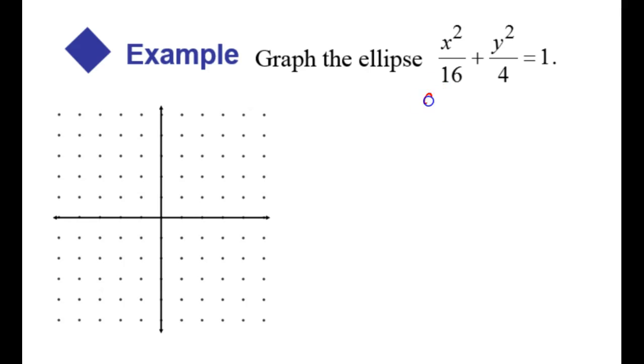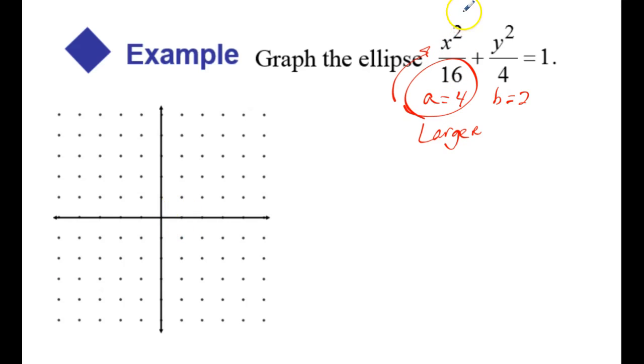You can see here a is 4 and b is 2. Now remember, a is always the larger number, and the larger number tells me whether it's the major axis or the minor axis, and since it's underneath x, I'm going to go that distance, so 4 units.